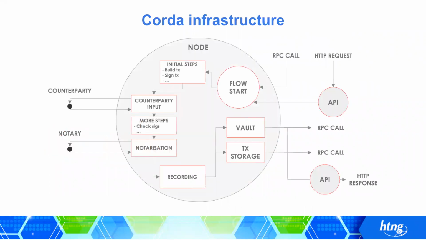Let's start an example with the Corda infrastructure, just what exactly is going on under the hood. Let's start from counterparties. As you can see on the slide, we have a counterparty. A counterparty is some kind of client or node.